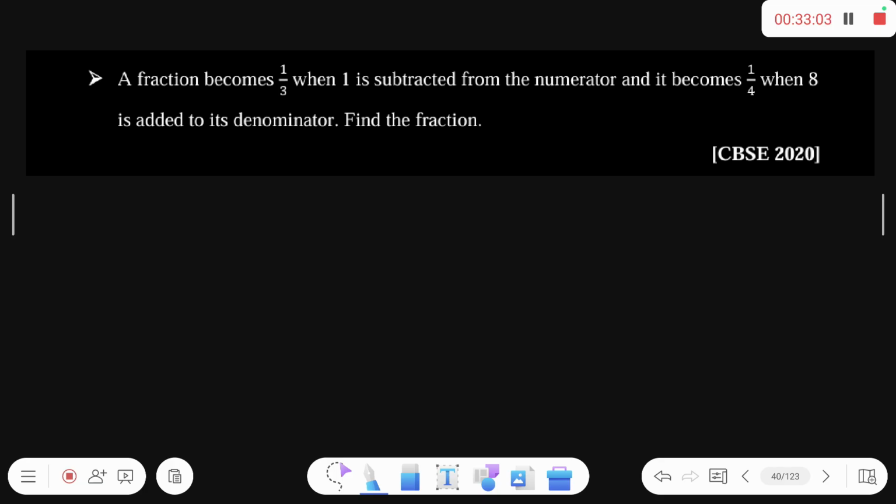Next is, a fraction becomes 1 by 3 when 1 is subtracted from the numerator, and it becomes 1 by 4 when 8 is added to denominator. Again, let numerator be x and denominator be y, then your fraction is x upon y. Our question is stating, when 1 is subtracted from the numerator, then fraction is 1 by 3.